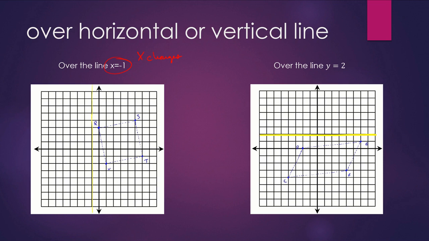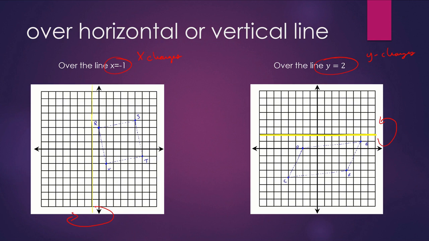Whenever we reflect over horizontal lines, or y equals lines, then the y changes. What happens to the x? Well, the x stays the same, because over the vertical line, we're reflecting this way. Over the horizontal line, we're reflecting this way. So as far as left, right, up, down, it only changes when you're switching in the opposite direction.